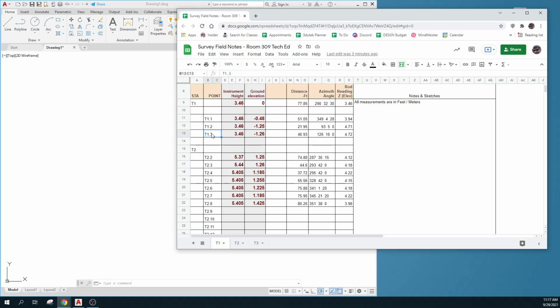You don't have to do that, but that's how I know what to realign things to later on. Okay? So that's a personal preference. I could have made it T2.1, 2.2, and made notes about it, right? But this is my own personal preference.